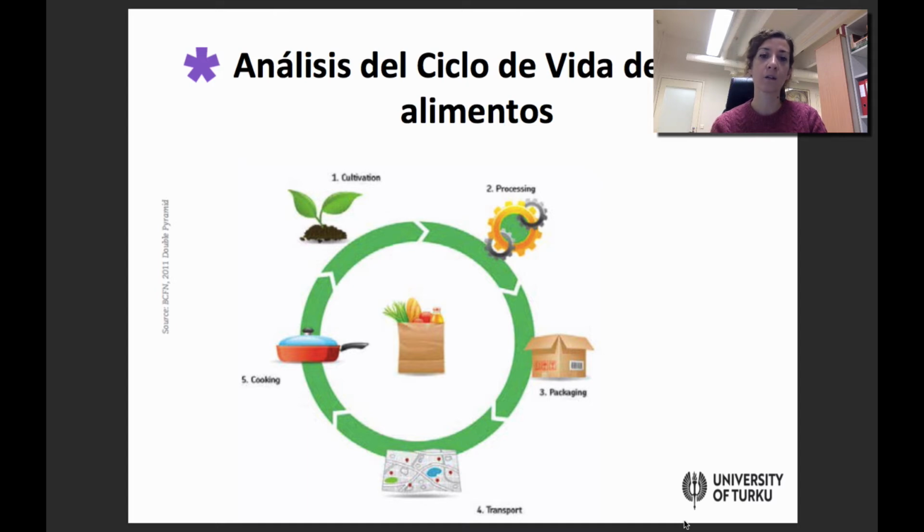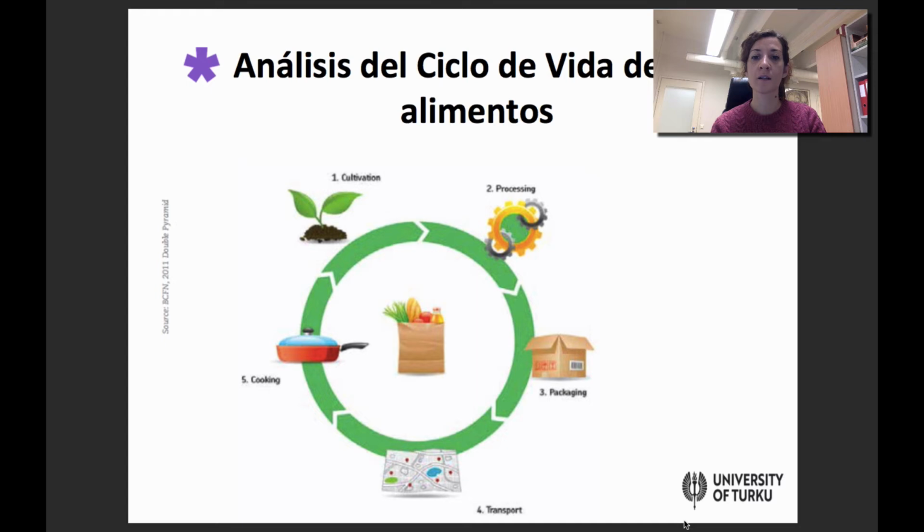When little by little we go into the different types of environmental impacts that are calculated, keep in mind that this is what we're looking at. We are looking at the whole process, and you can imagine how different resources are used in different steps of this process and of this cycle.